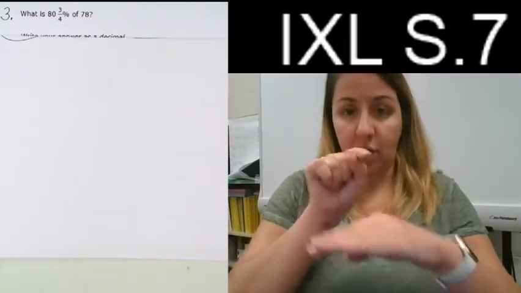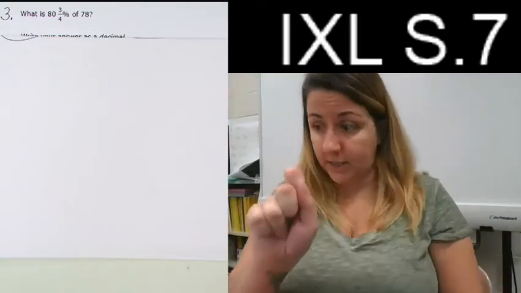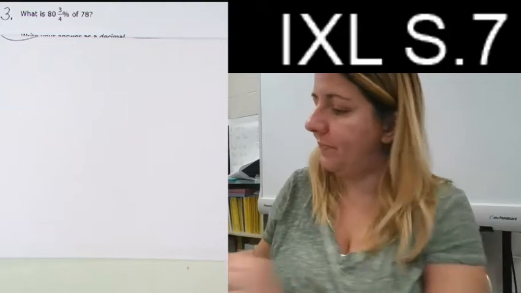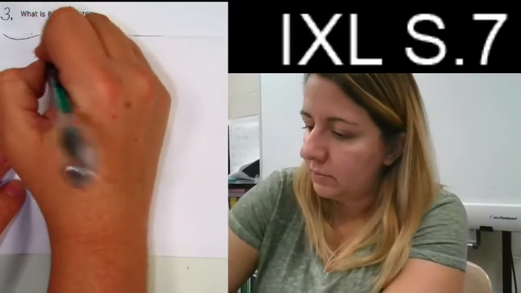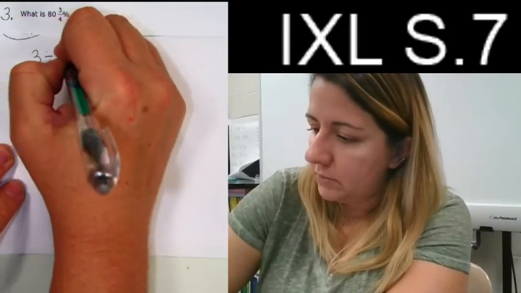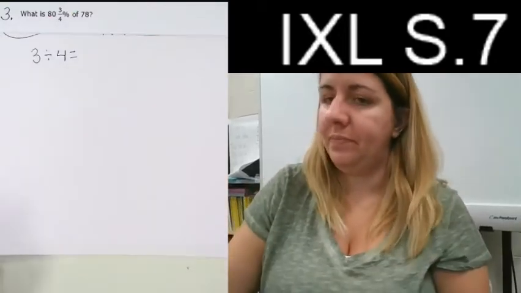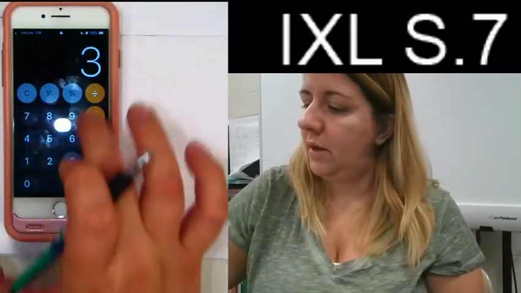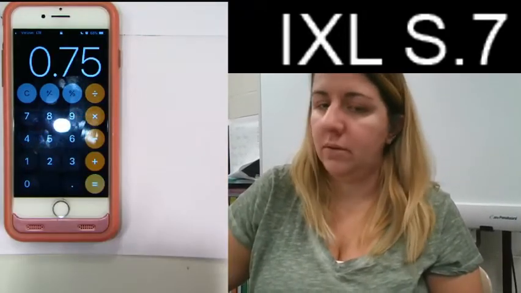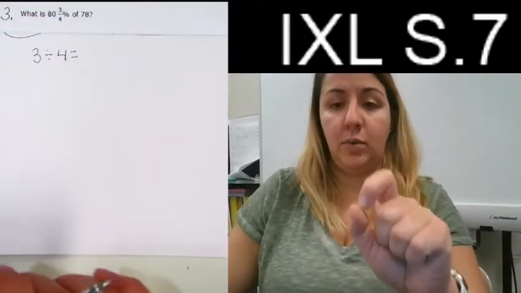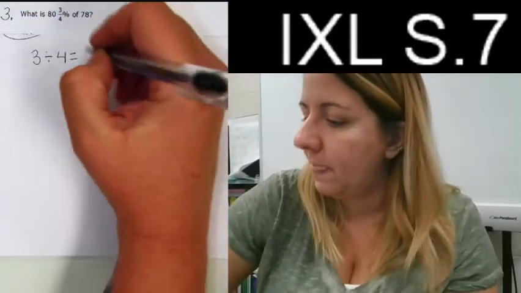Okay, change our fraction to become a decimal. Three divided by 4 equals 0.75.